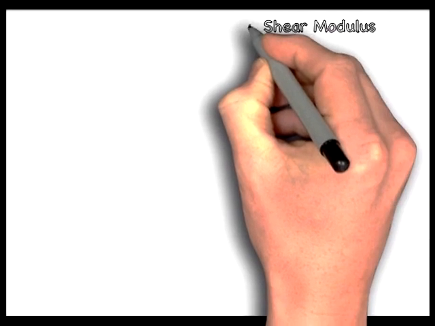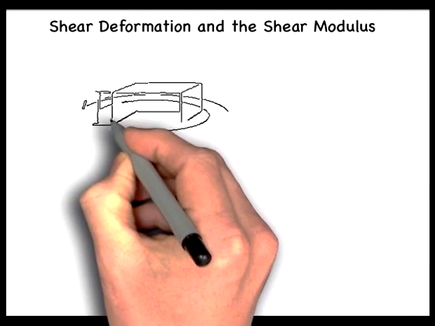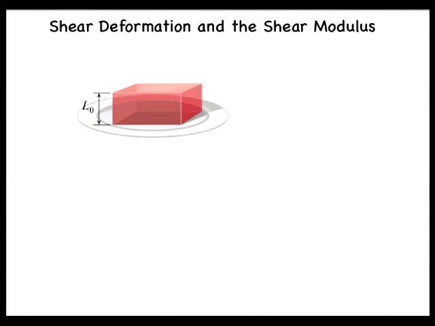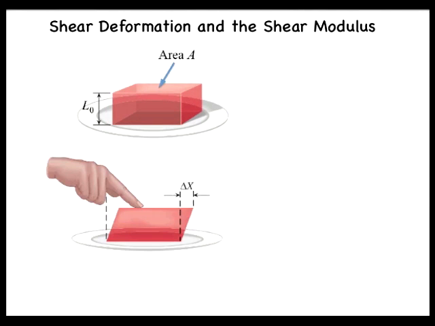It is possible to deform a solid object in a way other than by stretching or compressing it. For instance, consider applying a force parallel to the top surface of a block of gelatin. Notice that the top surface and the material below it shifts relative to the stationary bottom surface. The resulting deformation is called a shear deformation and occurs because of the combined effect of the force F applied to the top surface and the force -F applied by the plate to the bottom surface.